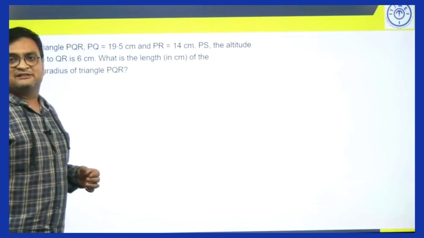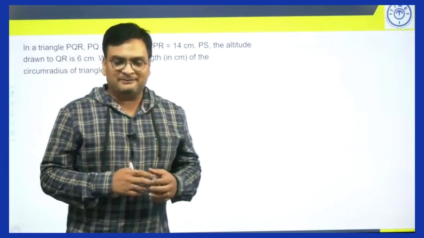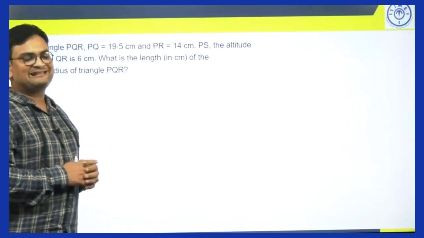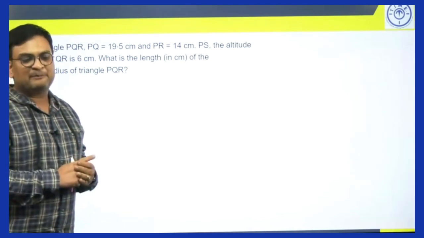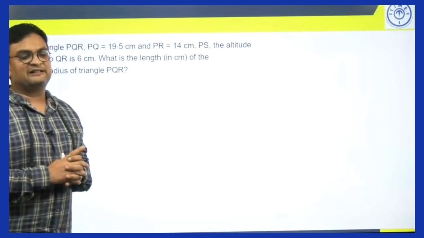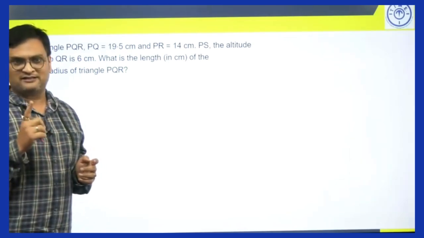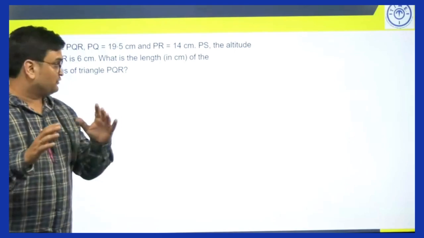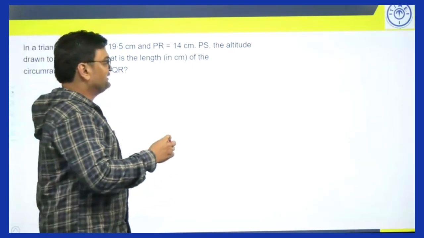So let's get started. The question says, in a triangle PQR, PQ is 19.5 centimeters, so one of the sides, PR is 14 centimeters, the other side, and PS, the altitude drawn to QR, the third side, is 6 centimeters. Let me try to draw the diagram here.